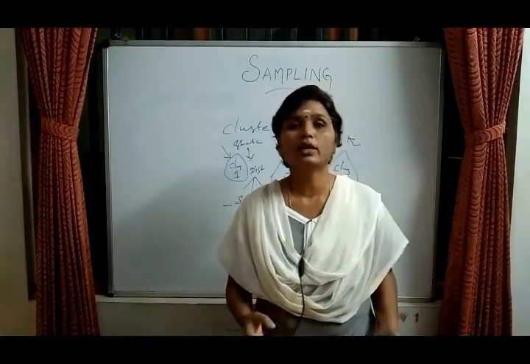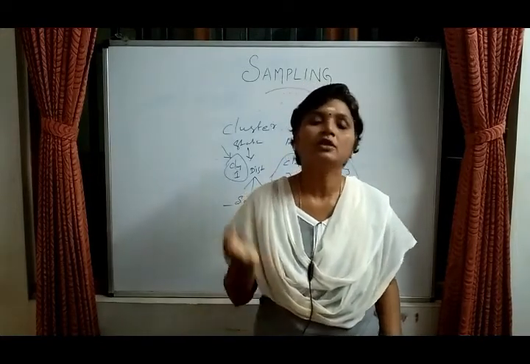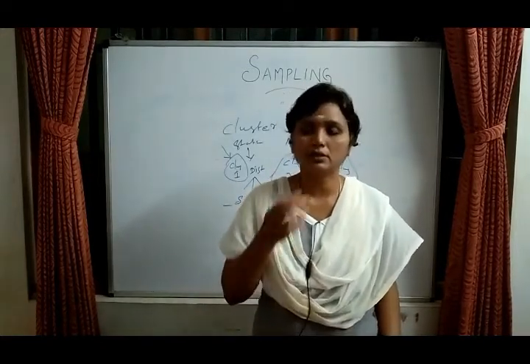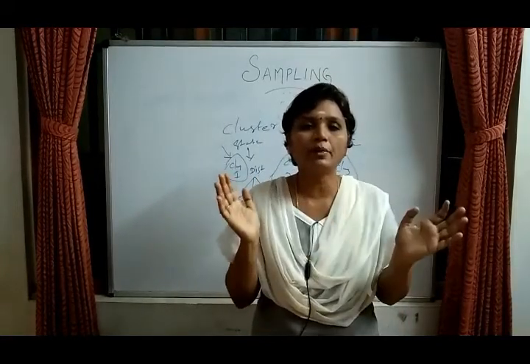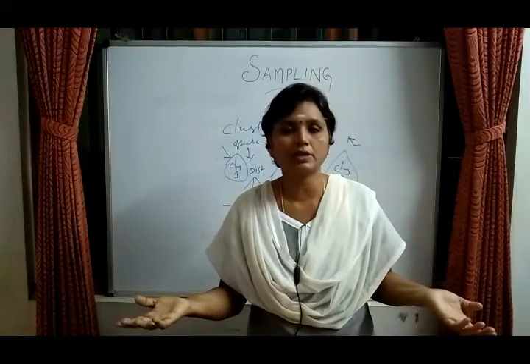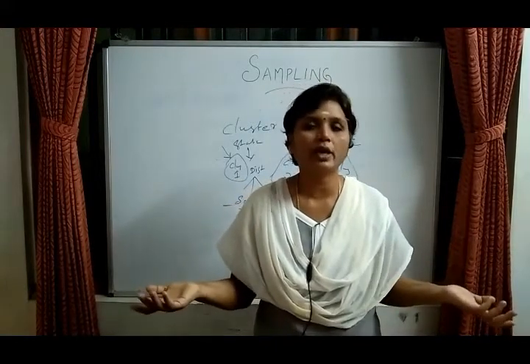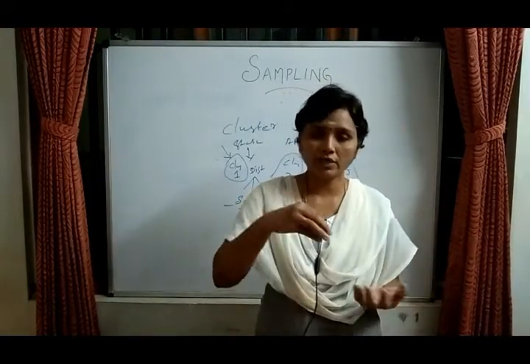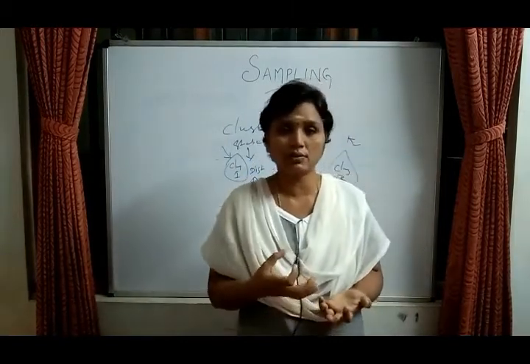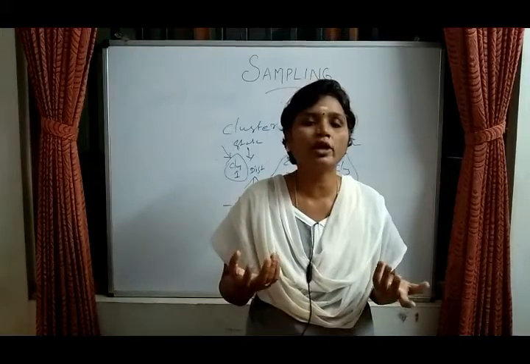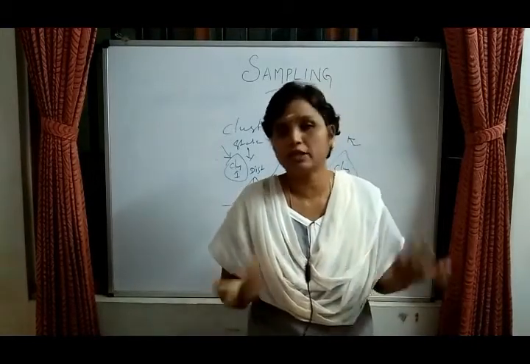And the next one is snowball sampling. Snowball sampling, see, for example, the researcher may not know all the samples, where the samples are present. In that case, for example, if you want to do a study on HIV patients, we may not know where all the HIV patients are present.